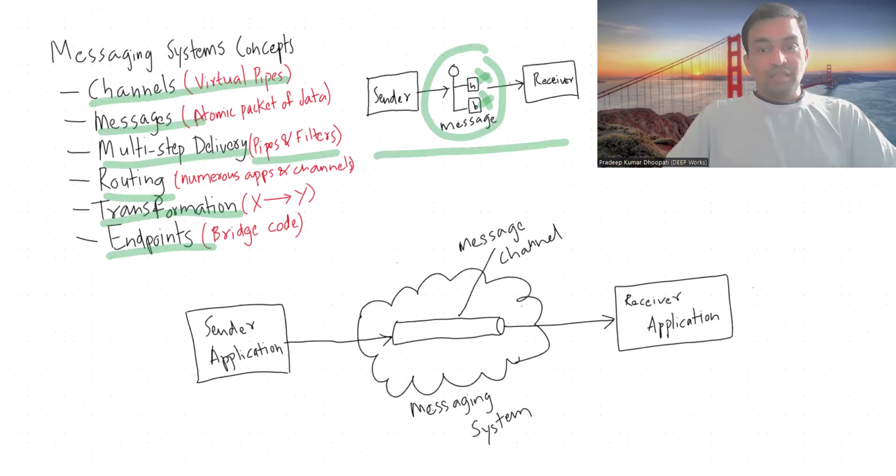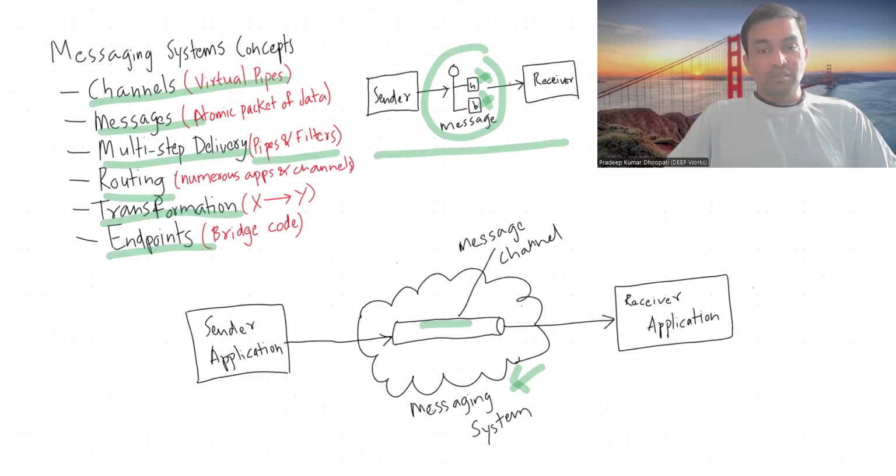But the sender and receiver, like we discussed, will not directly be connected. It needs a messaging system, something like this, which is installed separately in an enterprise. And we will discuss different messaging system vendors in the coming sessions. A messaging system will look like this, which will have the channels like this. And these channels will not come right out of the box when we install this messaging system.